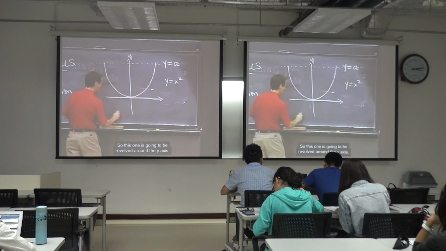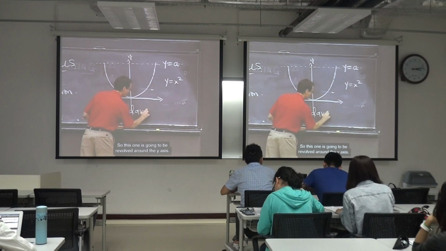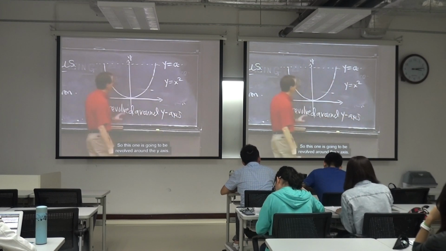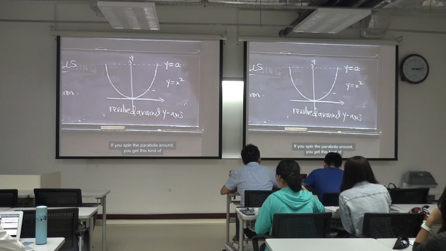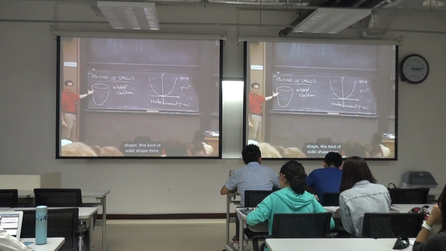So this one is going to be revolved around the y-axis. And that's what happens. If you spin the parabola around, you get this kind of solid shape here. All right?